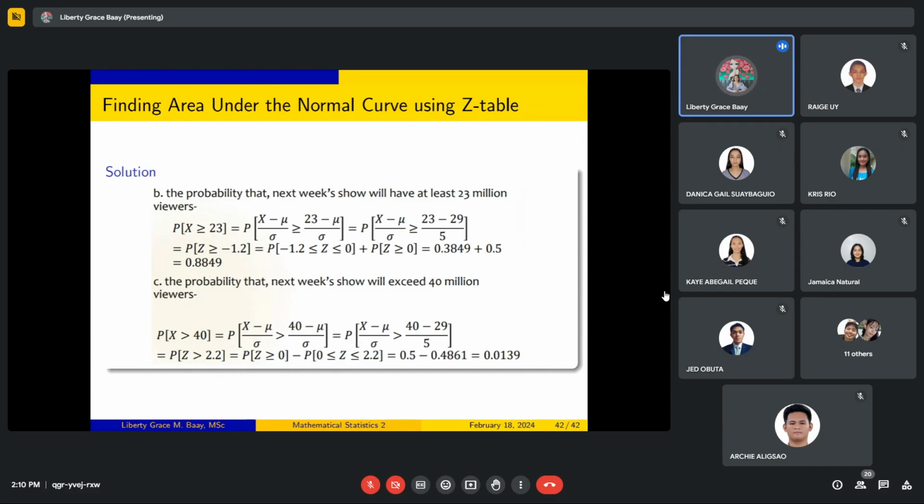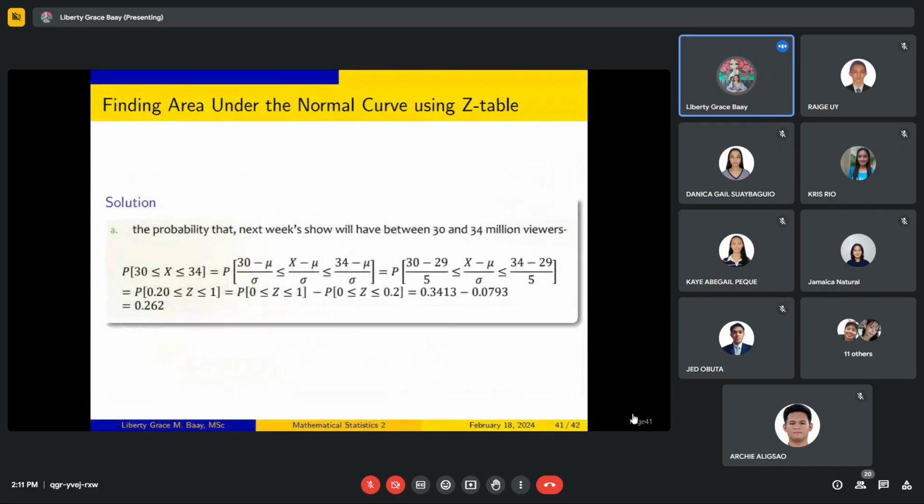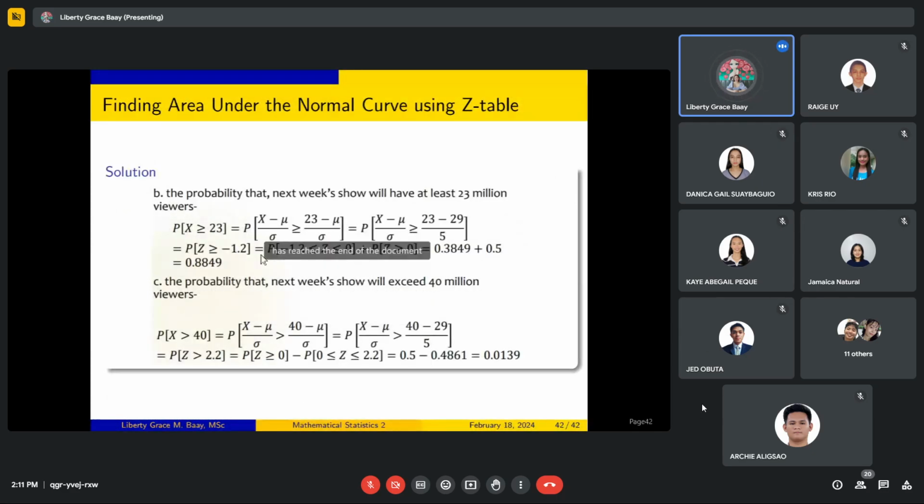And the last one we are asked, letter C, exceed 40 million viewers. Okay. So this is the last topic for today. We have the probability that the next show will exceed 40 million viewers, which means that our x is greater than 40.